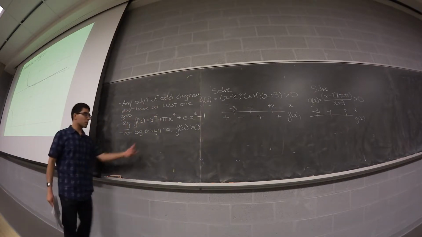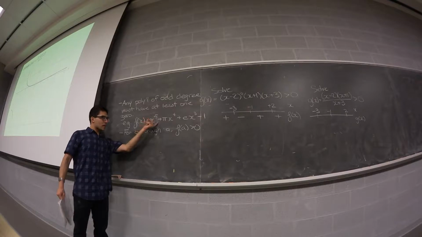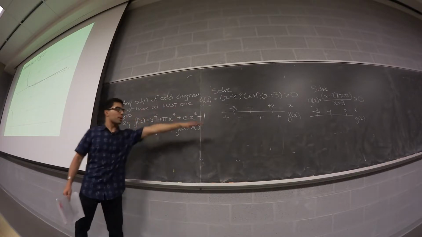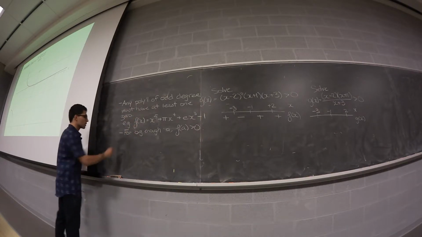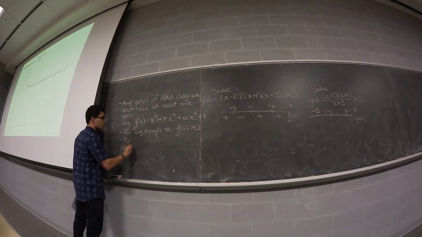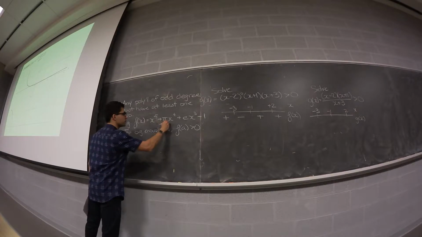If I pick a big enough number and stick it in here, this guy is going to be positive, and it's going to swamp out the rest of these guys. So f is going to be positive for big enough positive a.